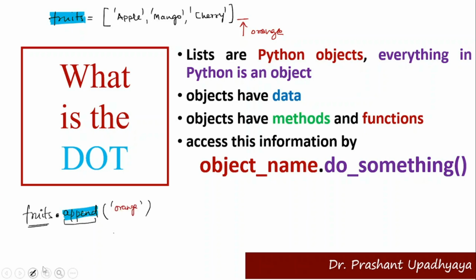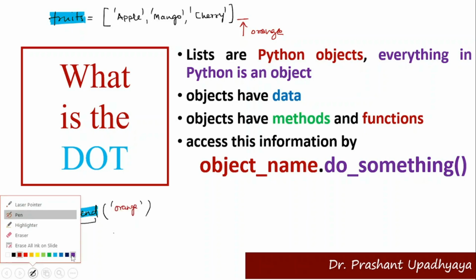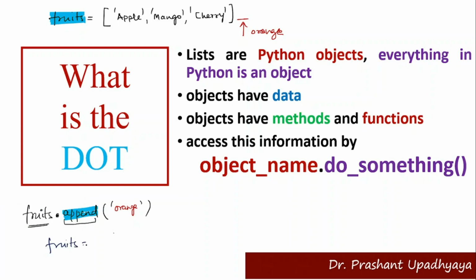So the list that I will get now, fruits, will have apple, mango, cherry, and then orange. These are the operations that we can perform on the list.